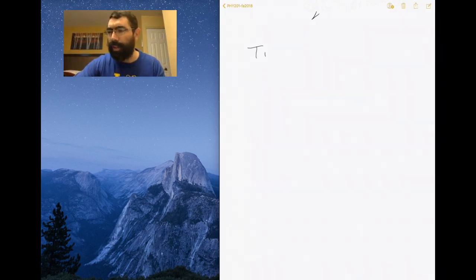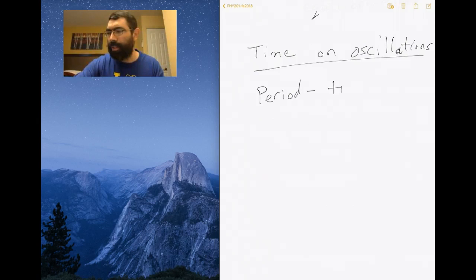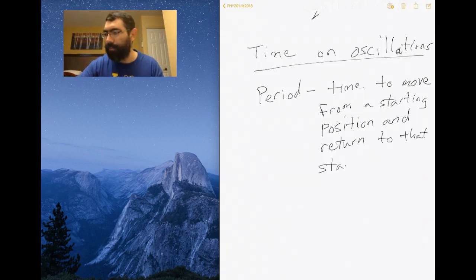So if we look now at the effect of time on oscillations, we can define something called the period, which is the time to move from a starting position and then return to that starting position.